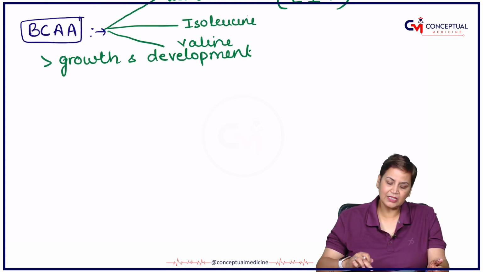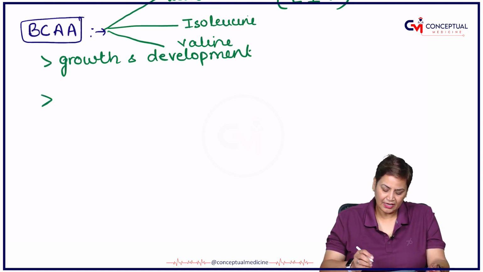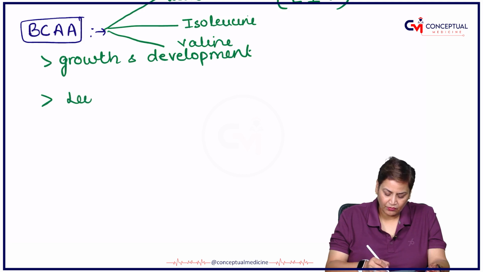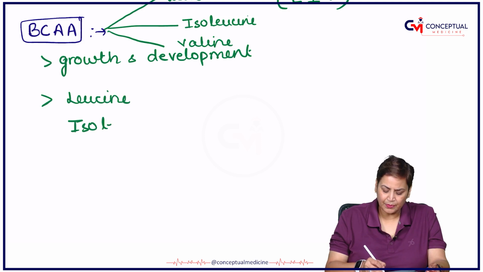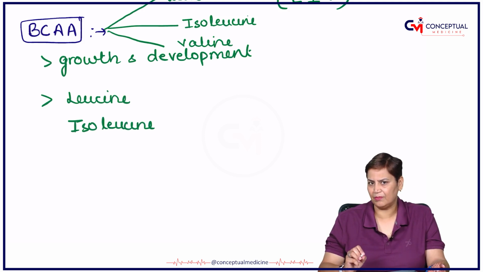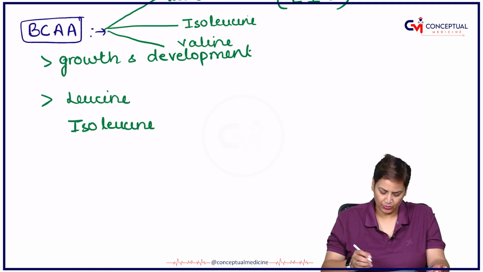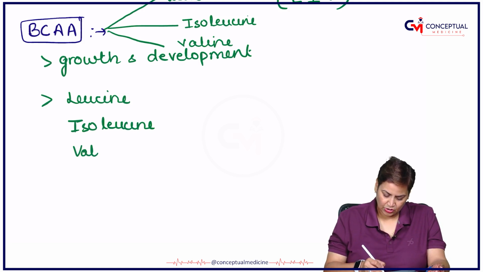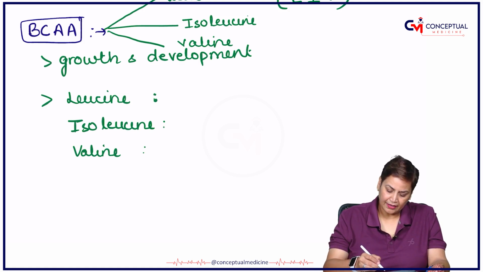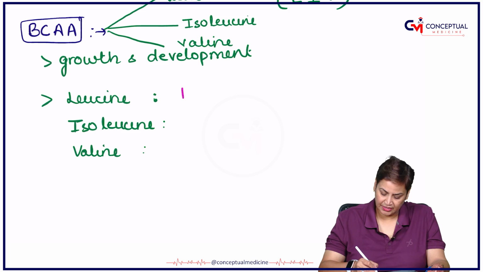Now, if we talk about this structure, obviously they are having a branched chain, right? And if we talk about the nature of leucine, isoleucine, and valine as per the carbon skeleton, because the nitrogen skeleton will remain the same for all the standard amino acids: leucine is a ketogenic amino acid.